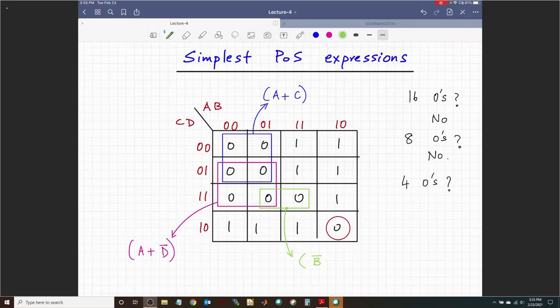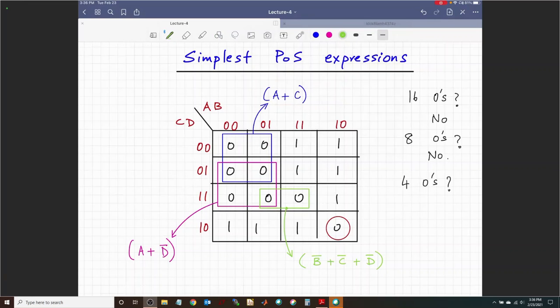C is a 1. D is a 1. C complement. C complement. And I think it's B complement or C complement or D complement.